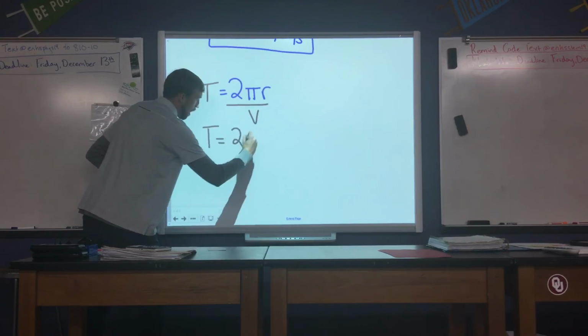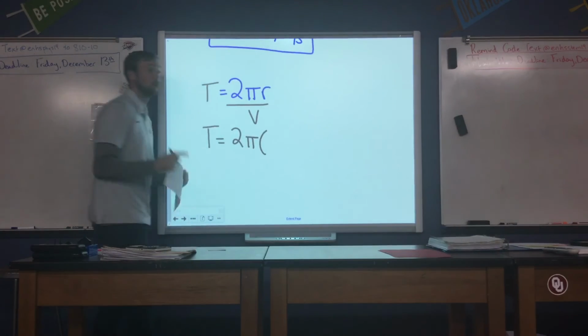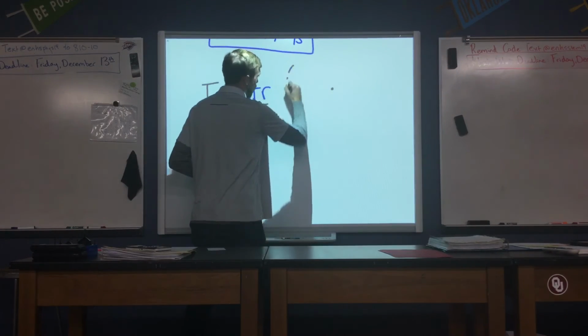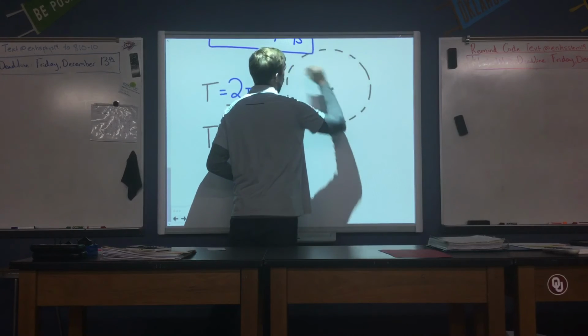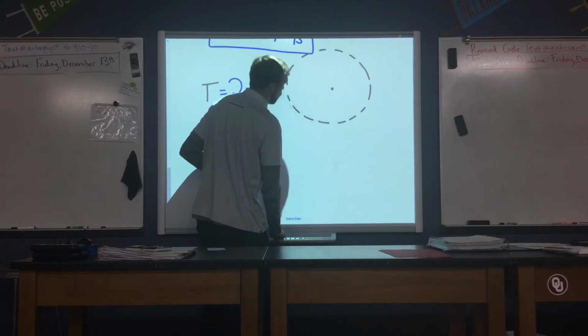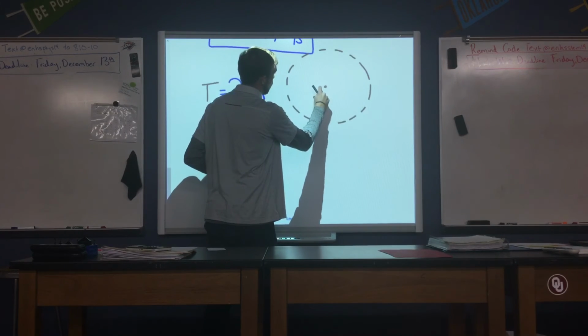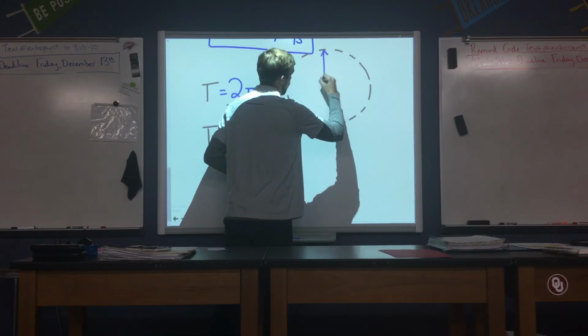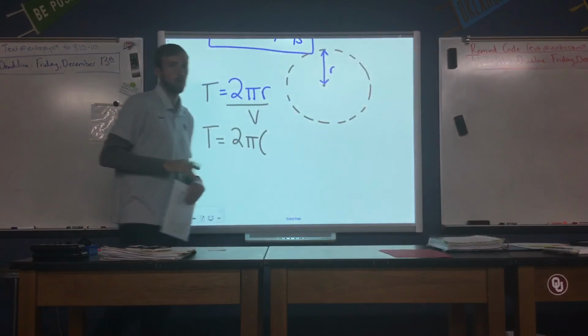Period is 2 pi multiplied by, again, that's the radius of the entire circular path, which is from the sun all the way out to Saturn. So again, that distance from the sun out to Saturn is also the radius of Saturn's orbit.